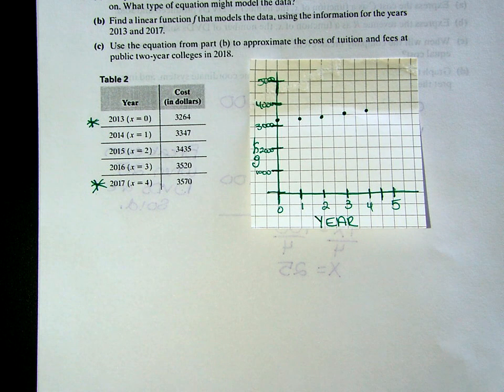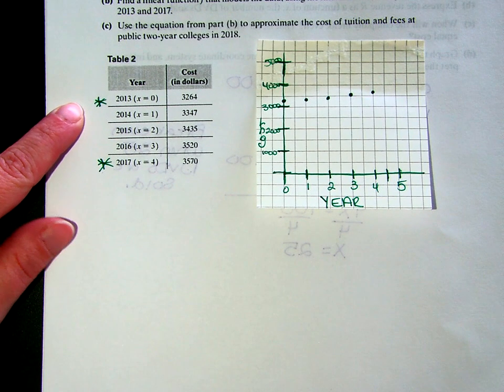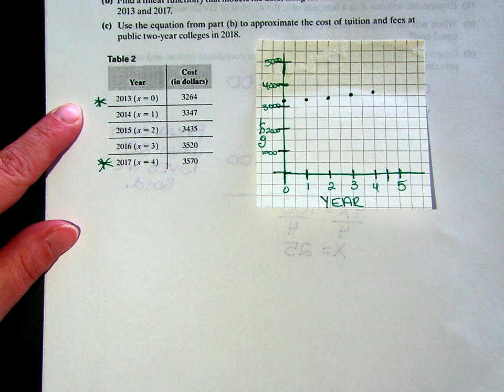Because that's what we're going to have to find first. In order to represent this information as a linear equation, we have to find slope. And these years that they just gave us are our ordered pairs. Because this is our x value. It even says x equals 0, which makes this our y values.